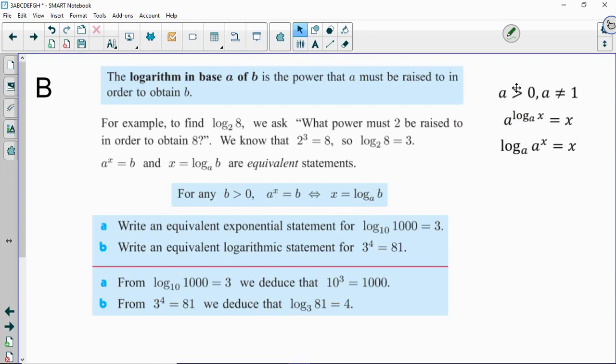If that's not satisfactory to you, then consider that this logarithm, remember, it literally is the power that a must be raised to in order to get x. And look, we are raising a to that power, therefore it's equal to x.